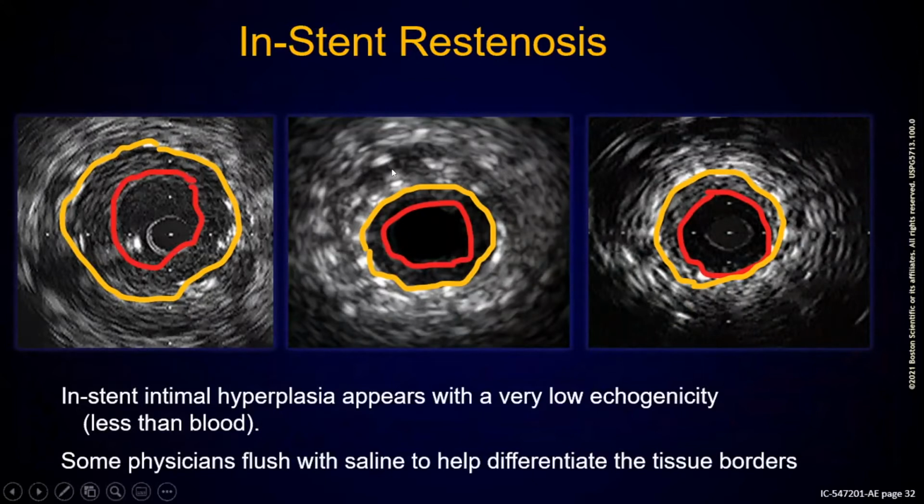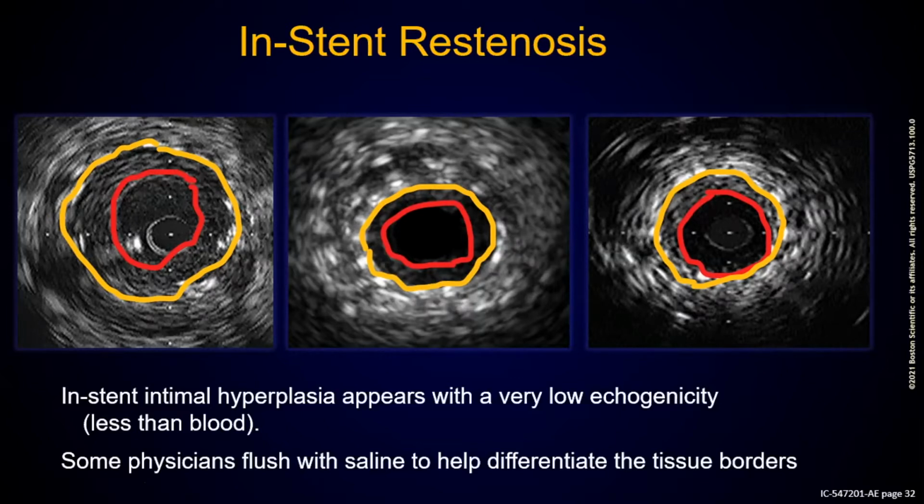Here there are two layers of the stent, and you could see a small amount of intimal hyperplasia between the lumen and the stent border, and then again a small amount of intimal hyperplasia. In-stent restenosis assessment is very important.